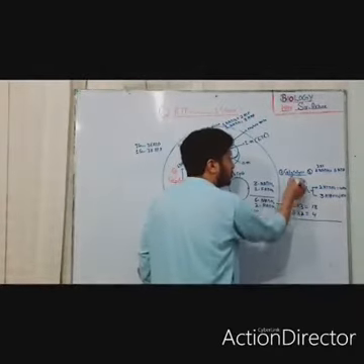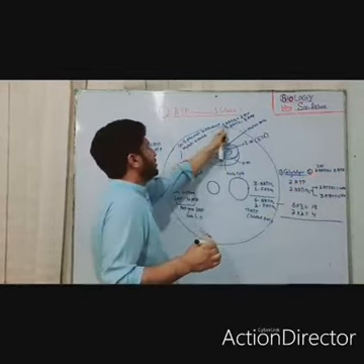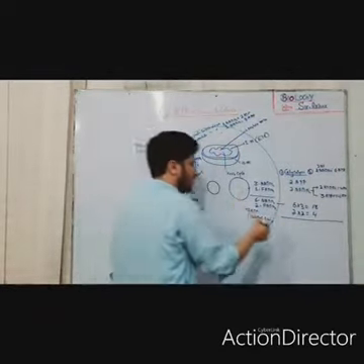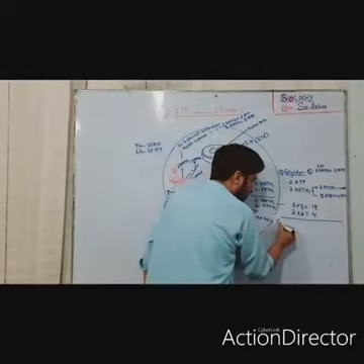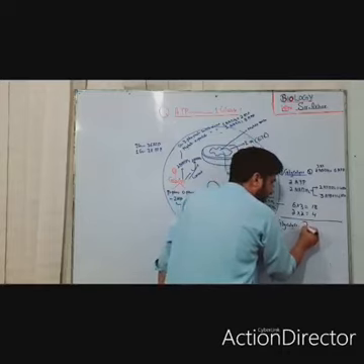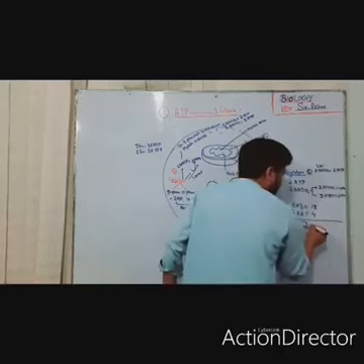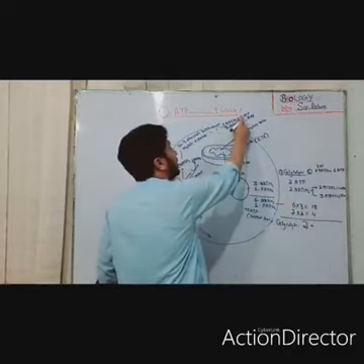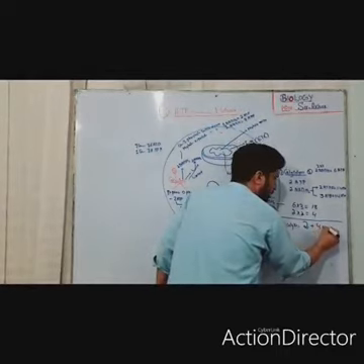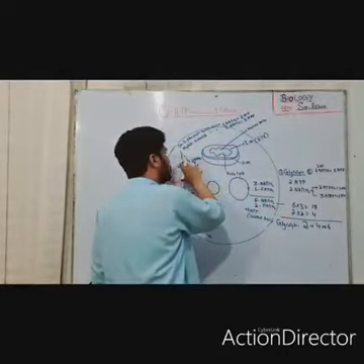From glycolysis, 2 ATP directly form on substrate level, and 4 or 6 ATP will form from coenzymes.